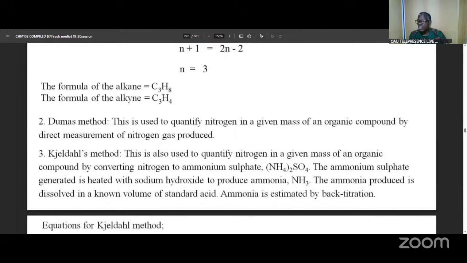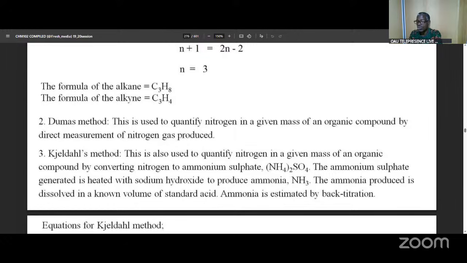Okay, somebody is asking, what's the topic that is being treated? Somebody has answered, it is identification of organic compounds, which deals with isolation and purification. Answered your question? Yes.